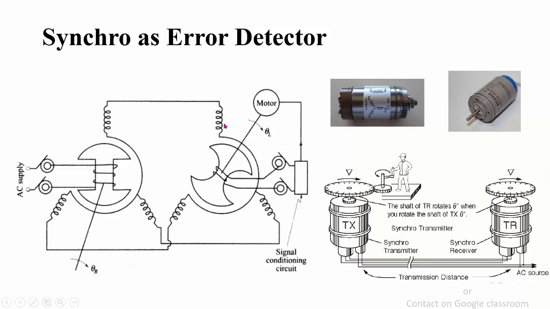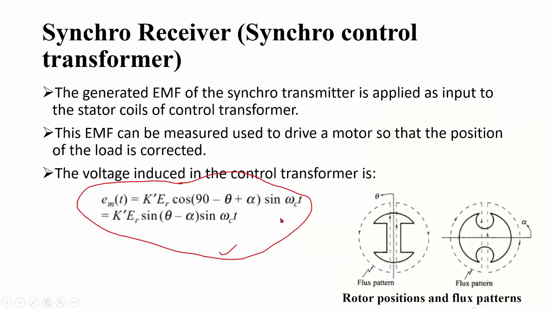Since the voltage exists at the windings of the receiver stator, they will further produce flux in the air gap of the receiver. And this flux produced because of the stator of the receiver will induce voltages in the rotor of the receiver. So the windings provided at the rotor of the receiver will have induced voltages, which are further processed. I'll talk about this processing after discussing this slide.